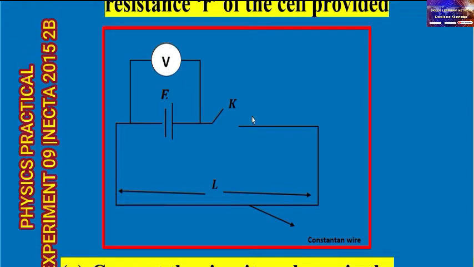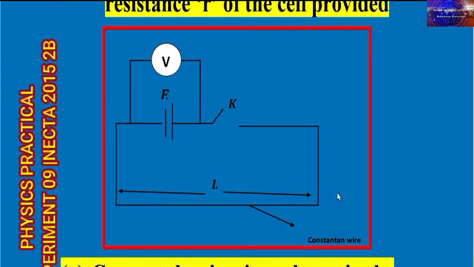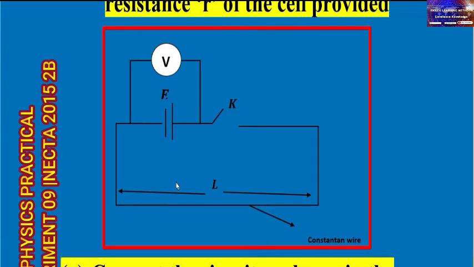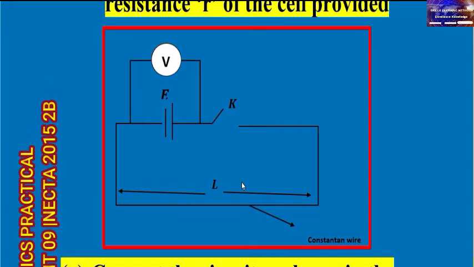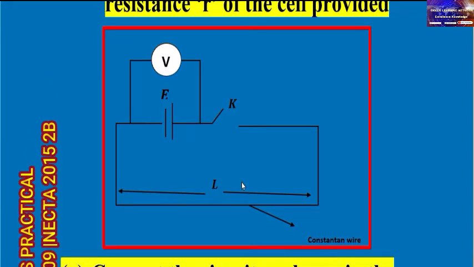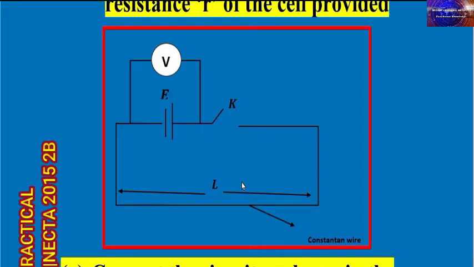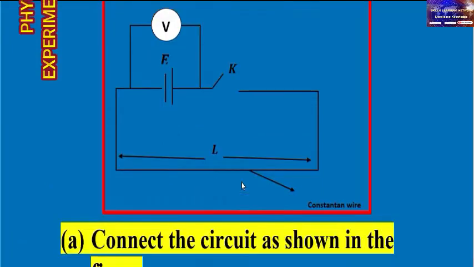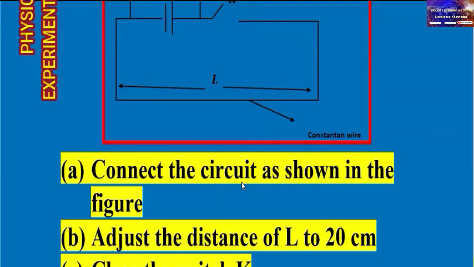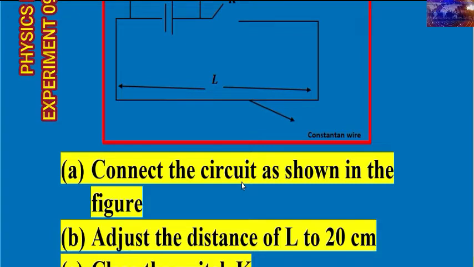We have a switch, and this is a resistivity wire, a constantan wire, with different lengths. We are going to vary the length of our wire, then record the value of potential difference across this circuit.